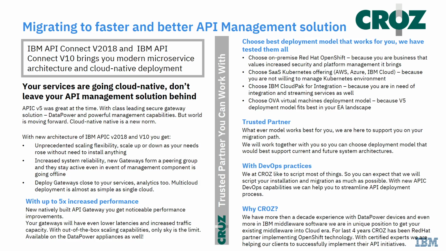So this can enable you to grow from the API management to the other areas using the same user experience as Cloud Pak offers. And the last option is using OVA virtual machines.